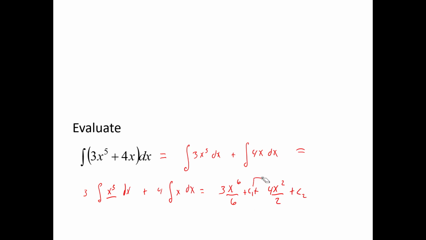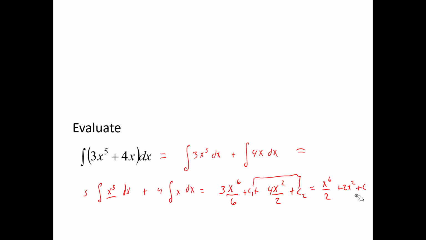But now this c1 and this c2, since those were arbitrary constants, we can combine them into one constant. We can reduce this down to x to the 6th divided by 2 plus 2x squared. So instead of running around with c1 plus c2, we can just say plus c.